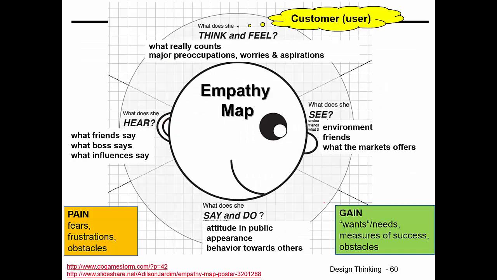Last, but not least, is the empathy map. We can observe the user and document what they may be seeing, what they may be thinking or feeling, and what they may be hearing or influenced by. And eventually, we want to observe what the users say or do, because what they say may not be what they are doing.